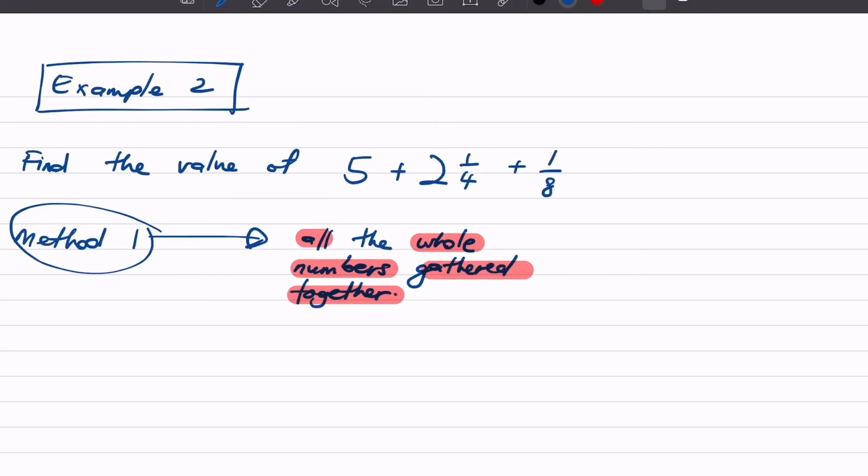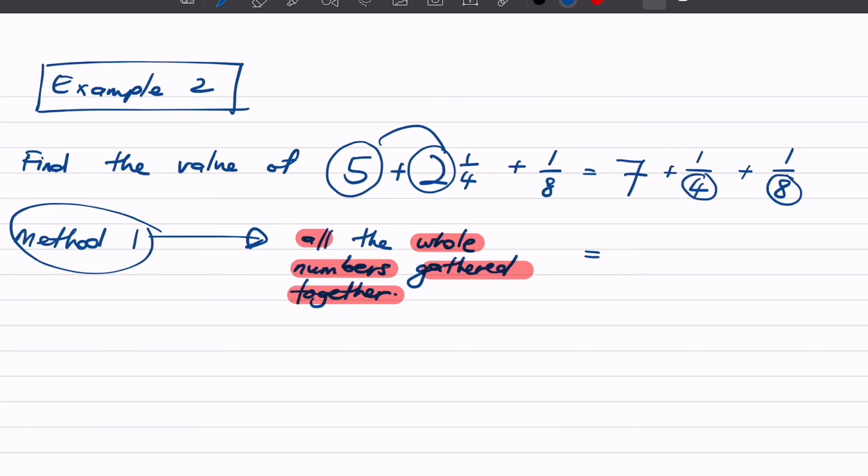Once you gather that, 5 and 2, you'll be getting 7. And then plus 1 over 4 plus 1 over 8. What's next? You have to make the denominator the same. This is 8 and this is 4, so you can take 4 times 2 and the numerator times 2.